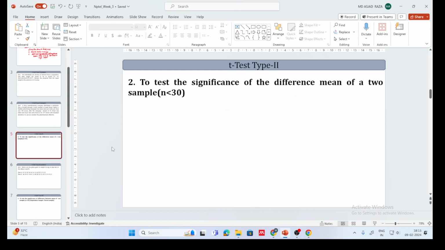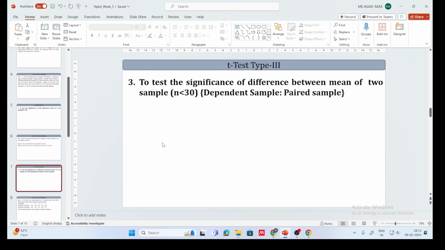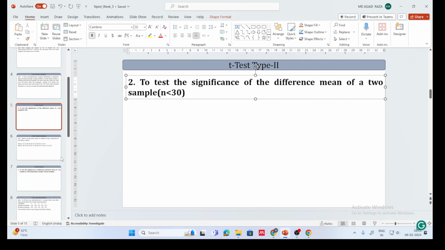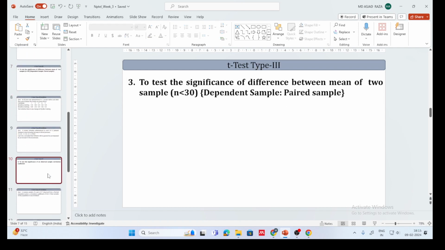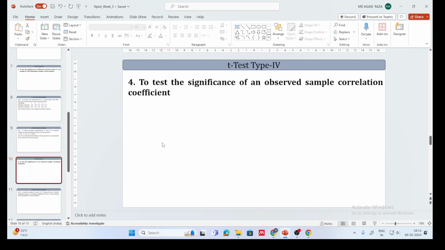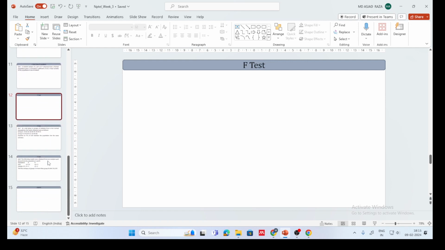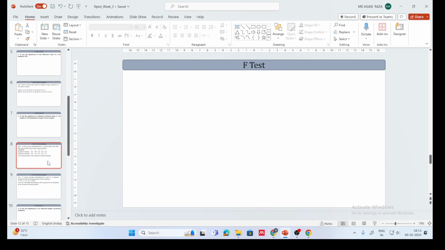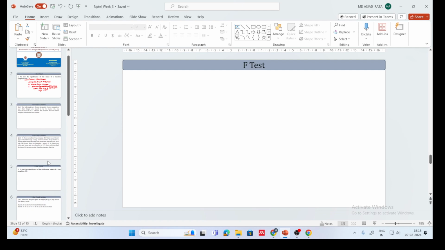We will do some problems based upon that. The third case is to test the significance of the difference between two means of dependent samples; the earlier one was independent, this one is dependent. The last type is to test the significance of an observed correlation coefficient. So this is all about the t-test. Then we will go for the f-test and do some problems, and after that we will go with ANOVA.